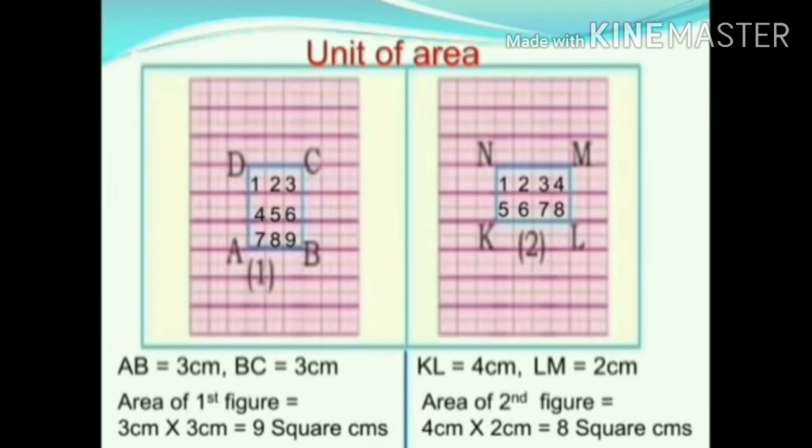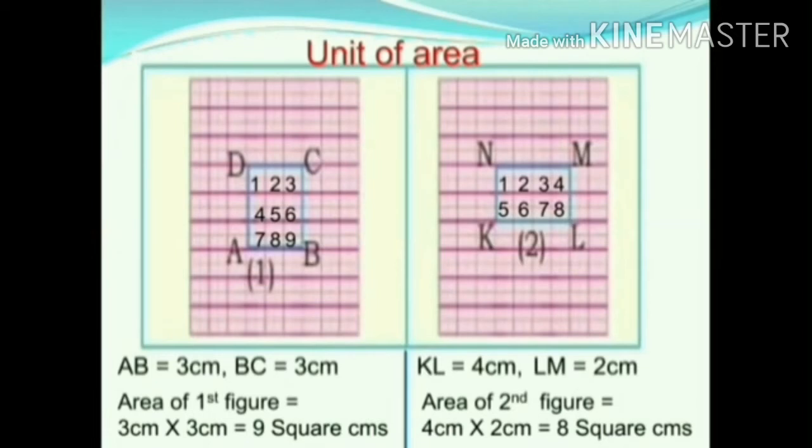In the above figures, what is the length of the second figure? That means, what is the measurement of KL? KL is equal to 4 centimeter. What is the measurement of breadth of the figure? That means, what is the measurement of LM? LM is 2 centimeter.